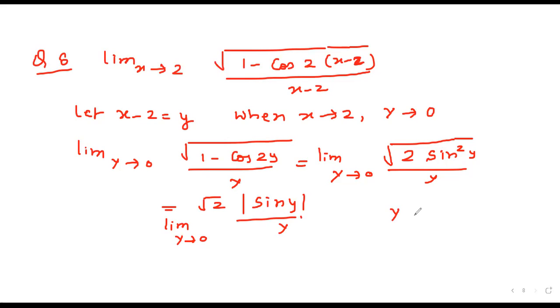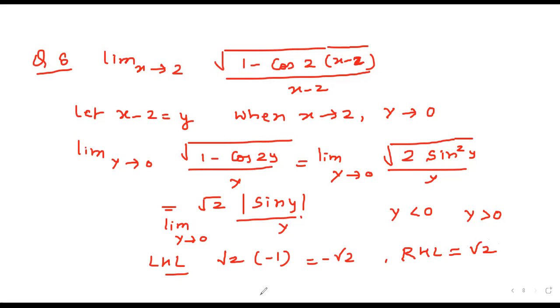When y is less than 0, then modulus sine y will become minus sine y. In that case, LHL will be root 2 times minus 1, that is minus root 2. And when y is greater than 0, then modulus sine y will become sine y. And then sine y upon y, when limit y tends to 0, will give 1. So in that case, RHL will be root 2. Since LHL and RHL are not equal, limit does not exist.